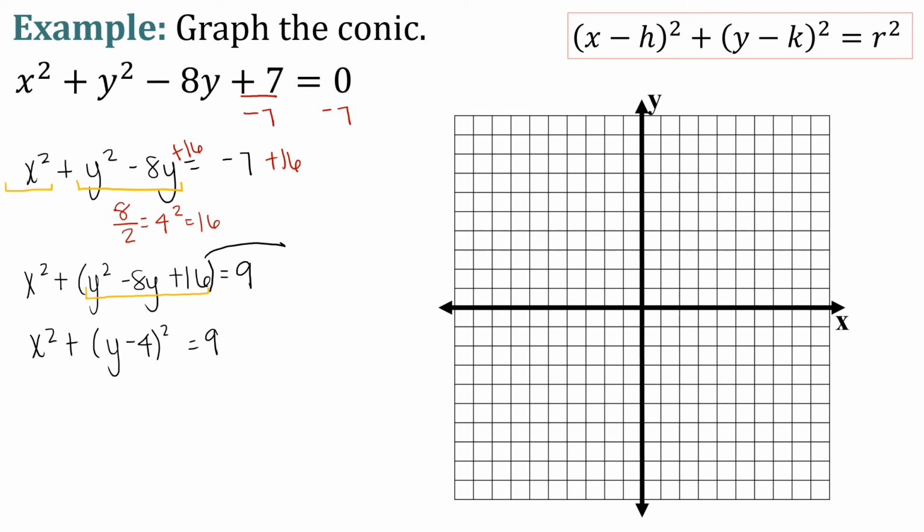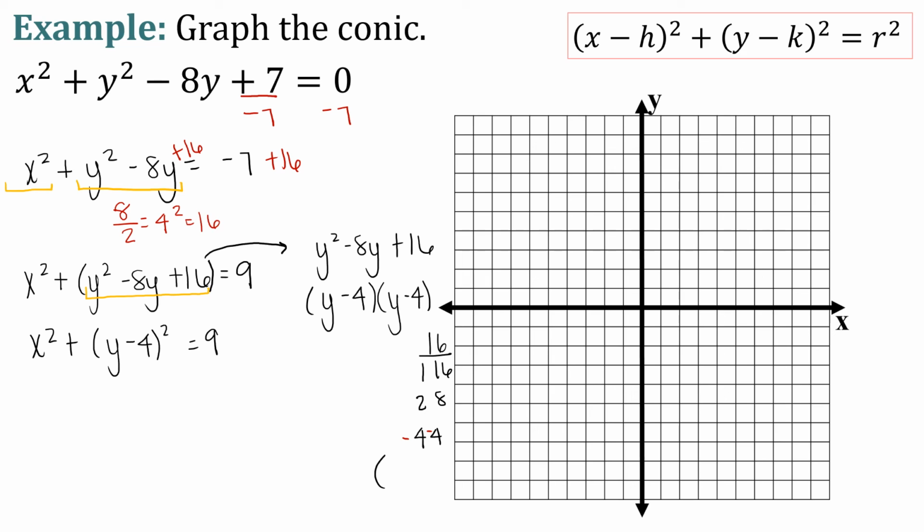If I factor y squared minus 8y plus 16, 16 has the factors of 1 and 16, 2 and 8, or 4 and 4. Negative 4 plus negative 4 equals negative 8. So now I have y minus 4, y minus 4.